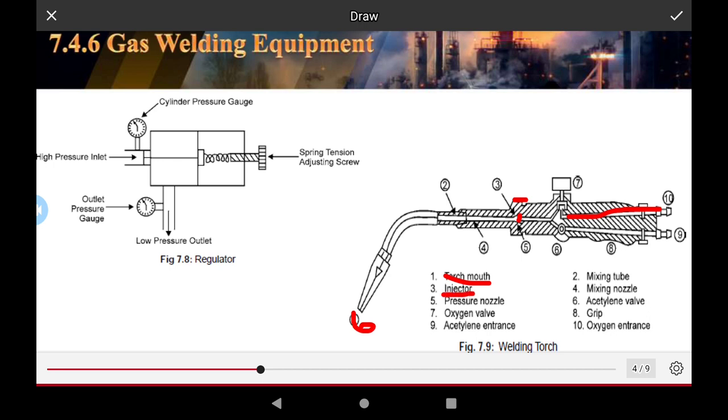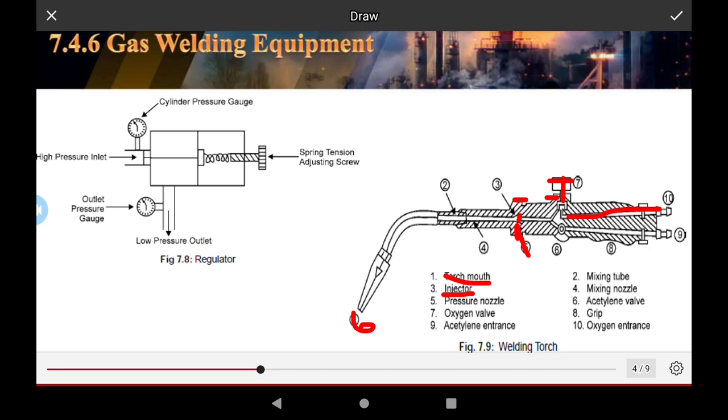Fifth is this, and this is the pressure nozzle, and seven is the oxygen valve. The valve works to close and open the flow from the cylinder, and the pipeline of the gas, and acetylene enters.